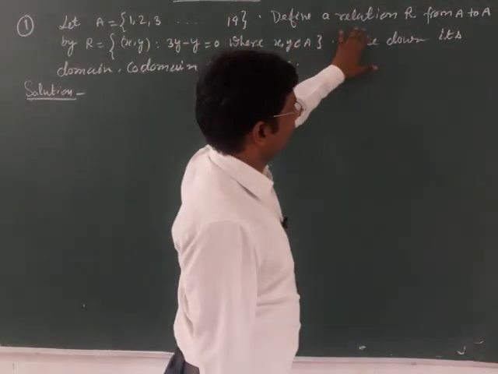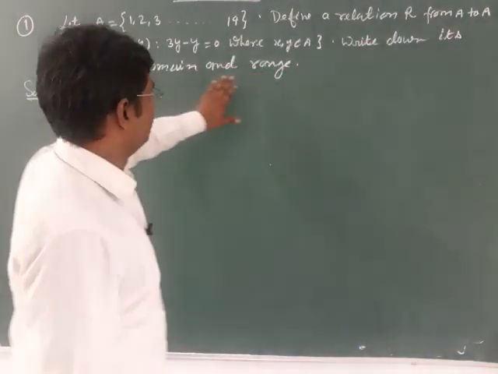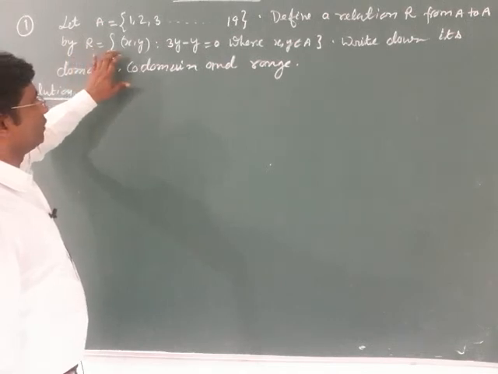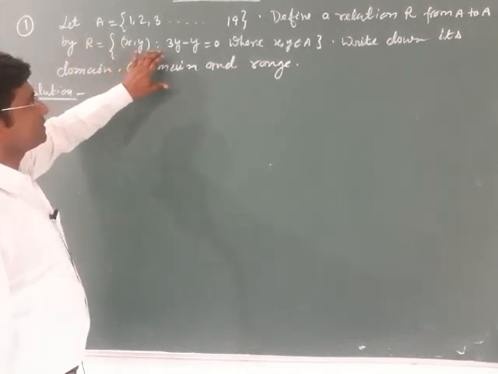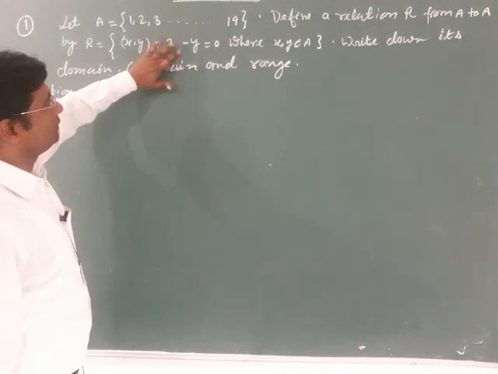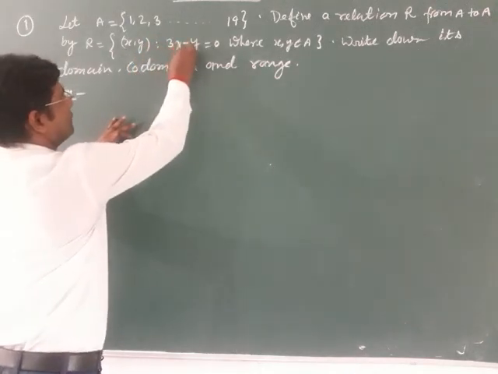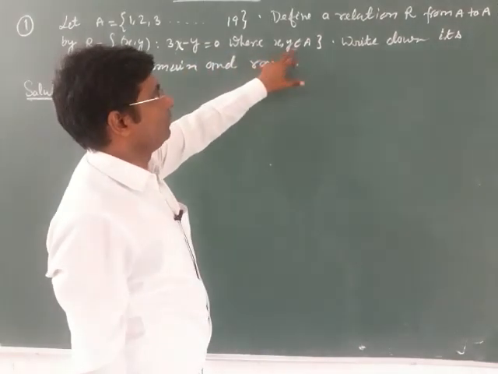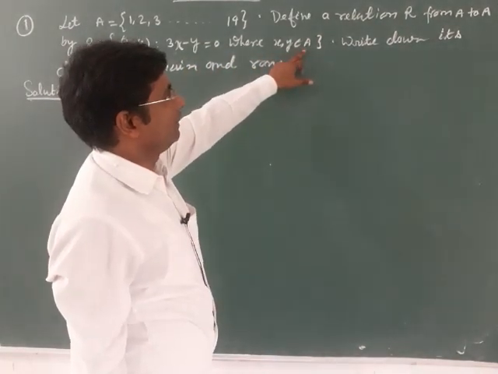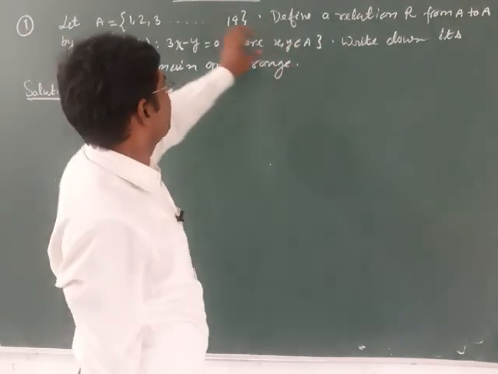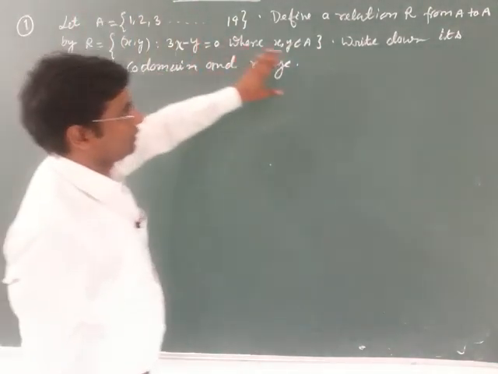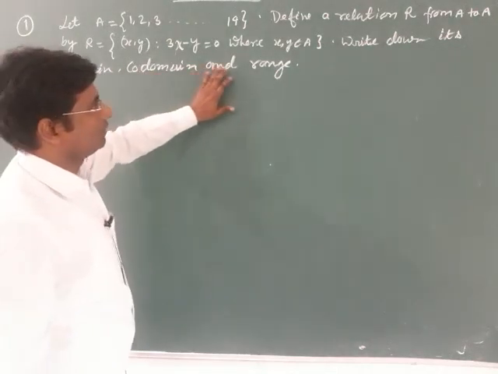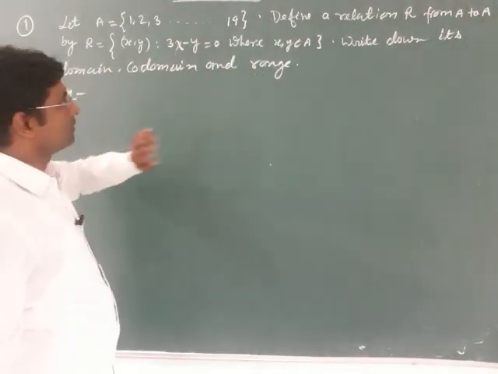Define a relation R from A to A by R equals {(x, y) such that 3x minus y is equal to 0, where x, y belong to A}. Write down its domain, codomain and also range.